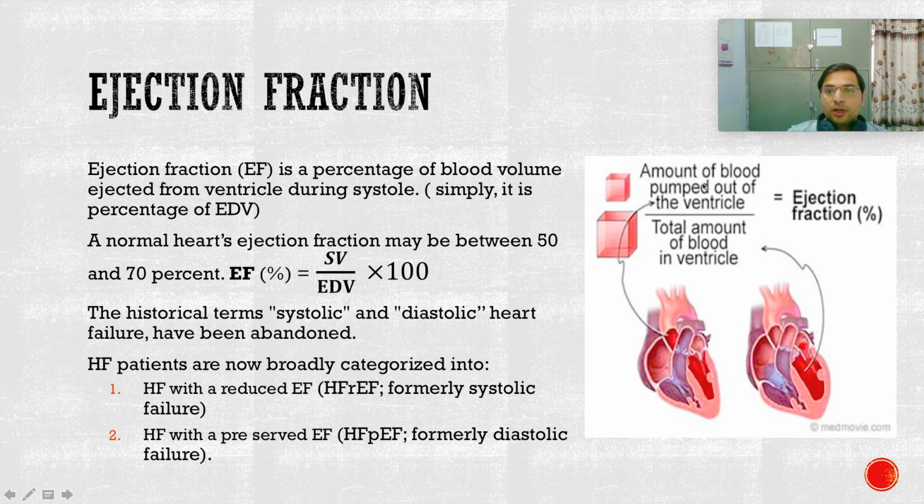So the amount of blood pumped out, let us say it is 70 ml in a 70 kg man at resting state, is divided by the end diastolic volume, the total volume of blood in the ventricles at the end of diastole, just before the systole has started, approximately 120 ml in a 70 kg man. Like that we can calculate the ejection fraction, and it should be between 50 to 70% for a normal heart.